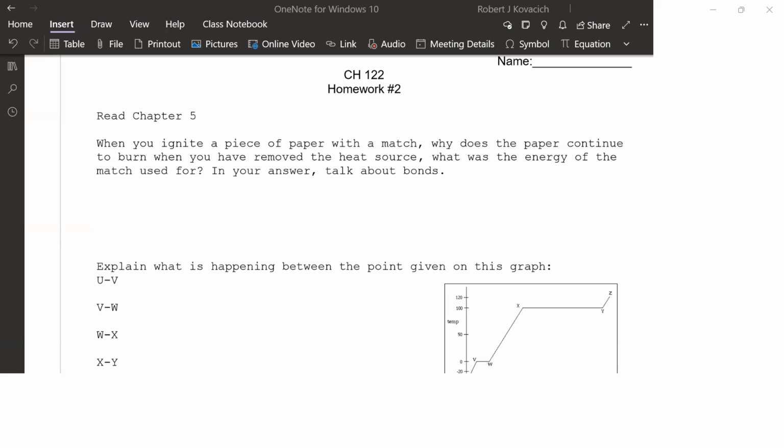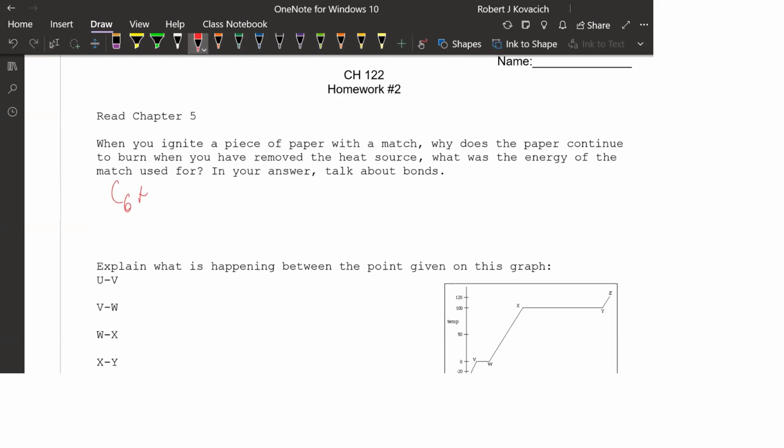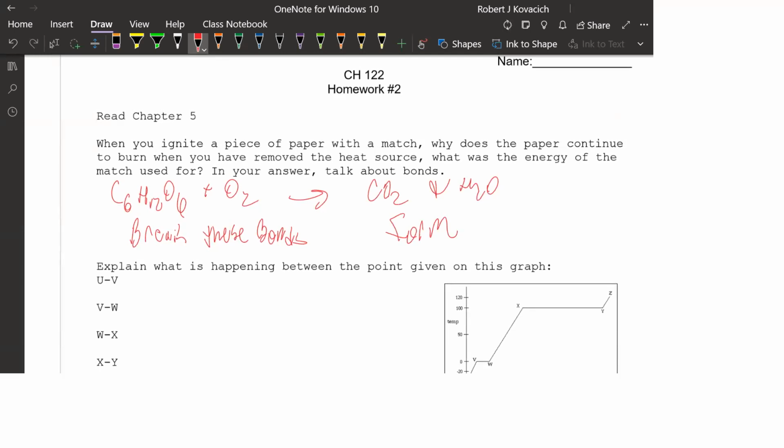And so what we should be saying is something like the wood is basically glucose, C6H12O6, and with that, we're using oxygen. And so we're going to break these bonds, and then we're going to form CO2 and H2O, form these bonds.